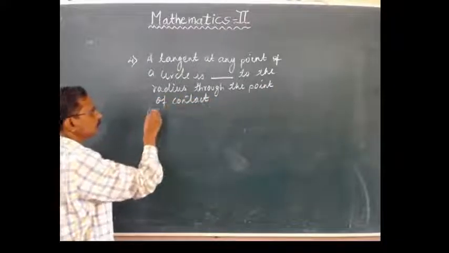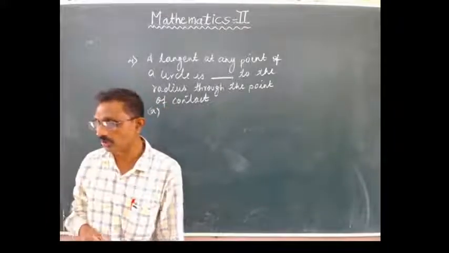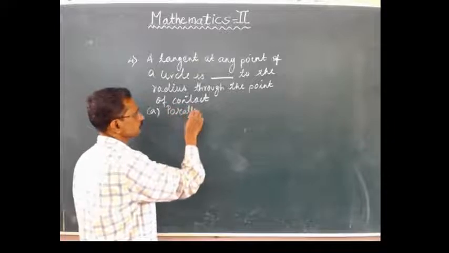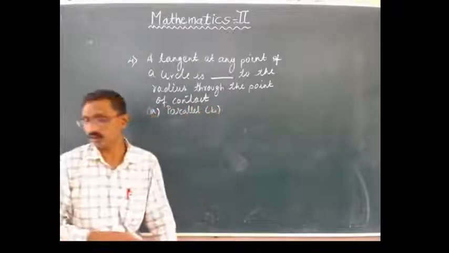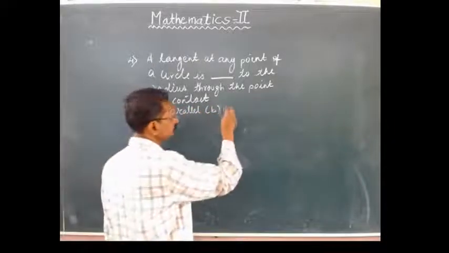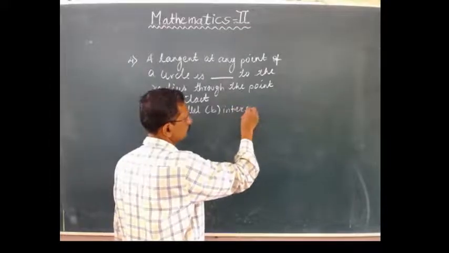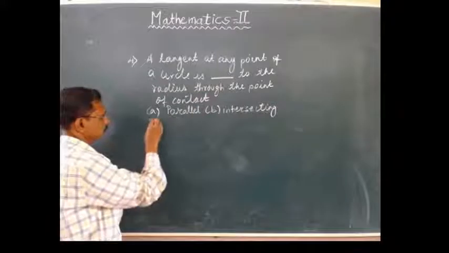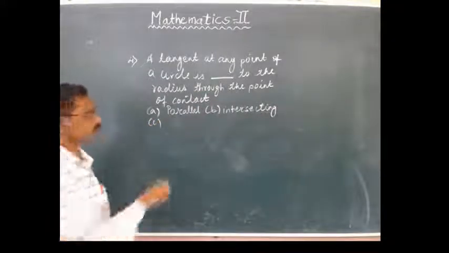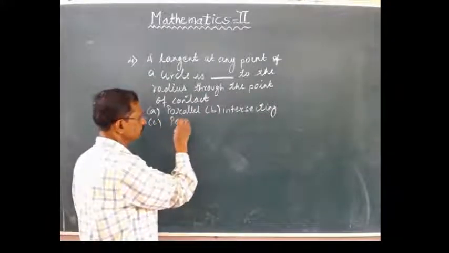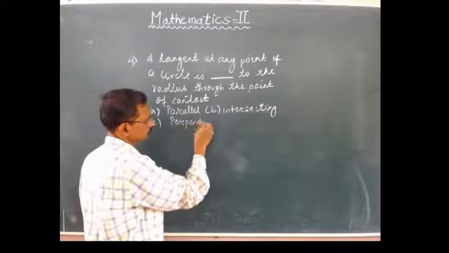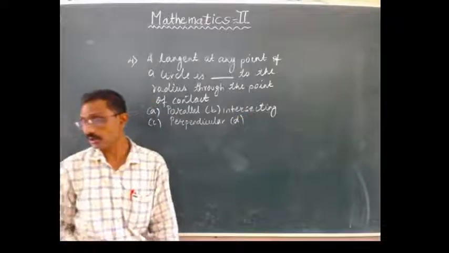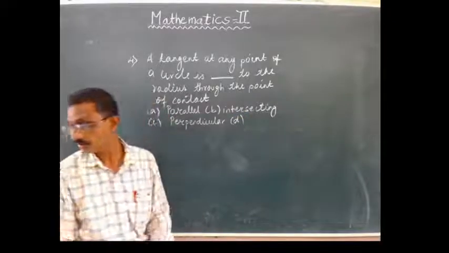What is our option A given? Parallel. Option B is intersecting. Option C is perpendicular. Option D is slanting.